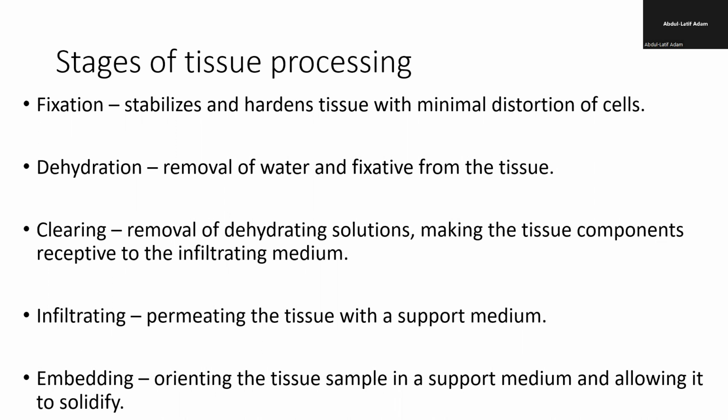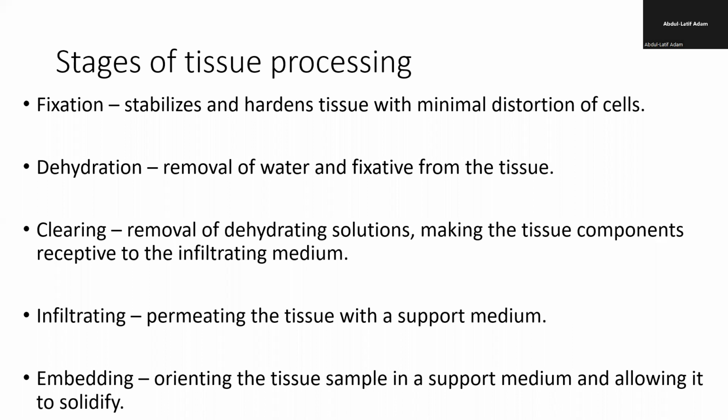After clearing, you have removed a bit of fat, you have removed some proteins, and there is no water in it, so some spaces have been created. You need to fill up those spaces with molten paraffin wax. The process of doing that is called infiltration or impregnation.